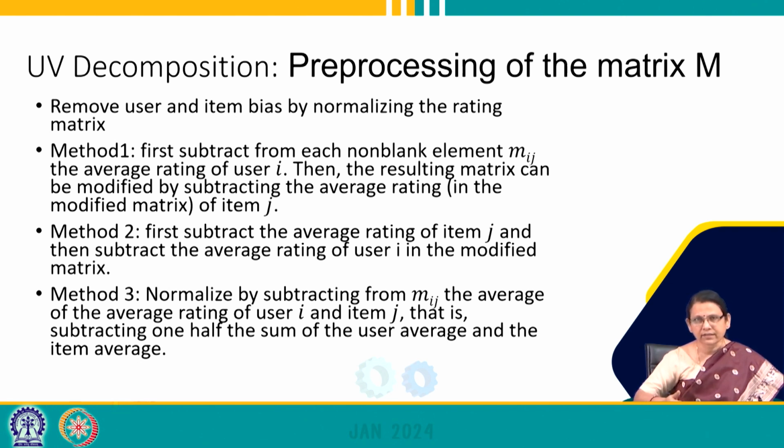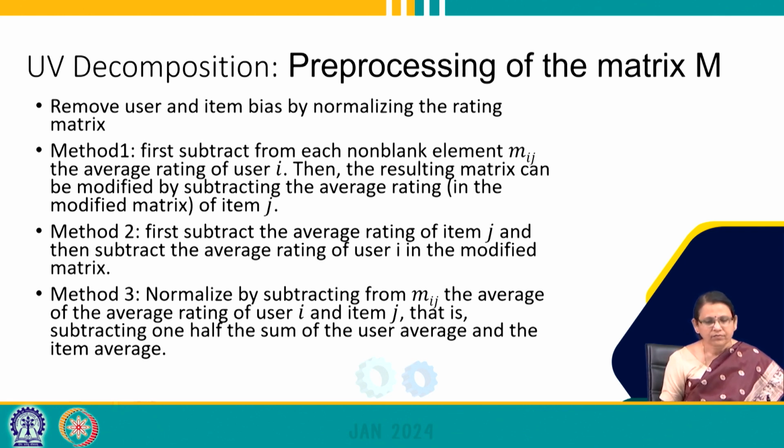As a result, even if the movie is not so good, because of these fake ratings, suddenly the average rating increases, and if the average rating increases, a genuine user, a genuine viewer, becomes a little biased. Anyway, whatever may be the case, there can be many methods to remove this user and item bias.